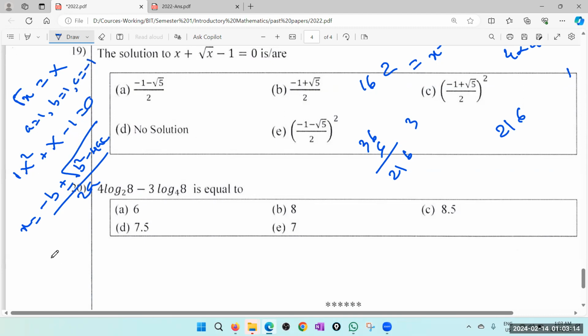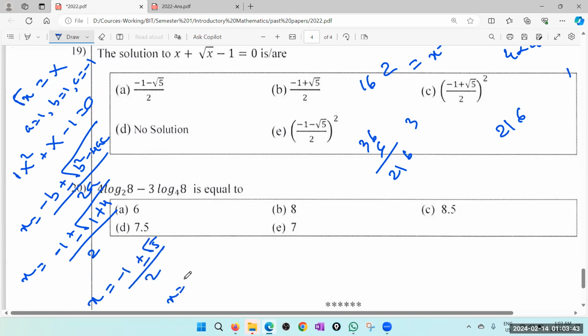So X is minus b, that is minus 1, plus or minus root of 1 squared, that is 1, minus 4 times a times c. Minus into minus becomes plus, therefore that is plus 4, divided by 2a, and a is 1. So X is minus 1 plus or minus root 5 divided by 2.